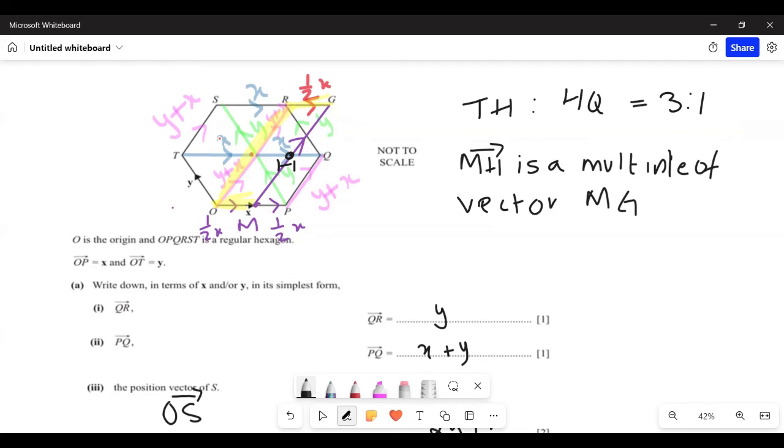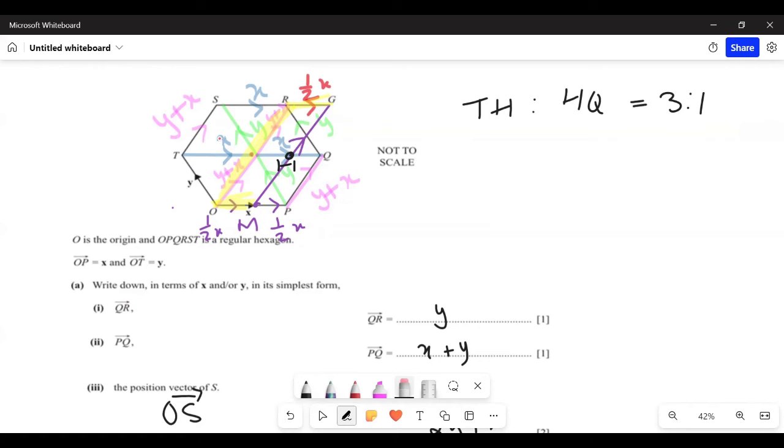That's how you show two vectors are collinear or three points are collinear. You have to basically show that M, H, and G lie on the same line. Now, we already have MG. We should find MH and show that they're multiples of each other.